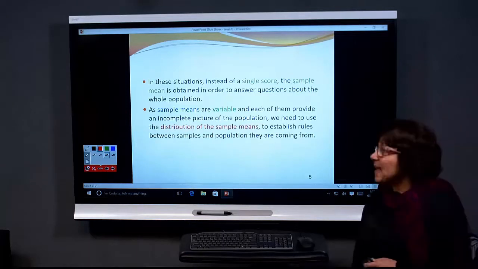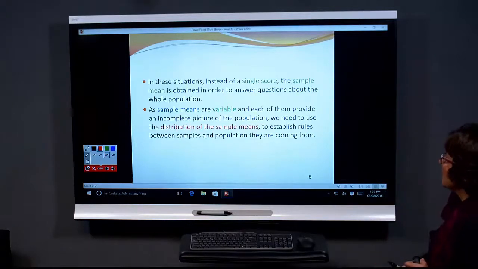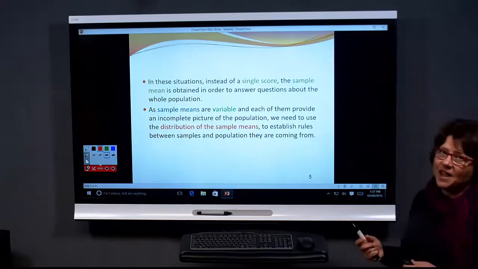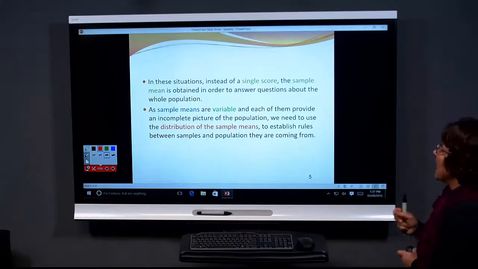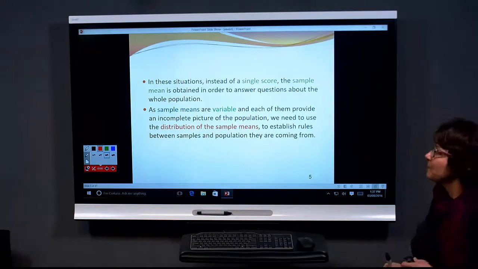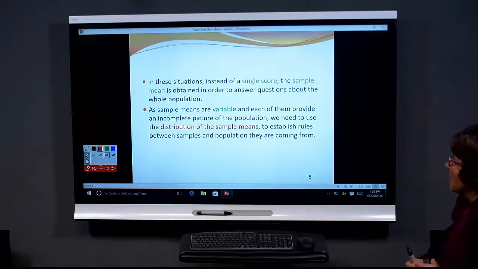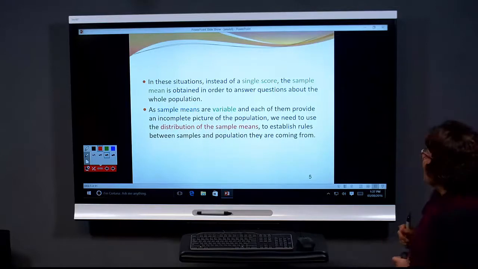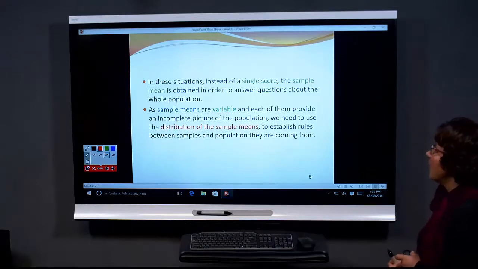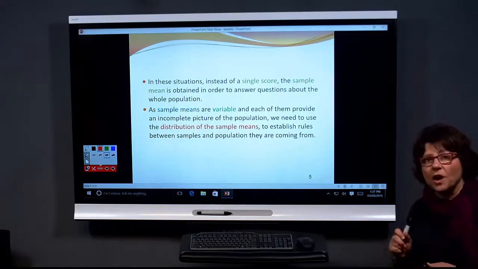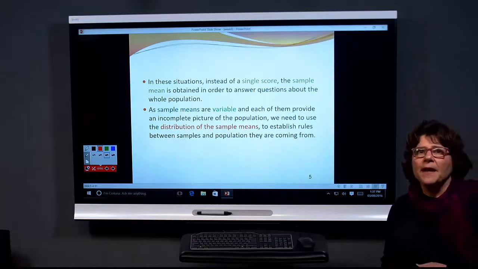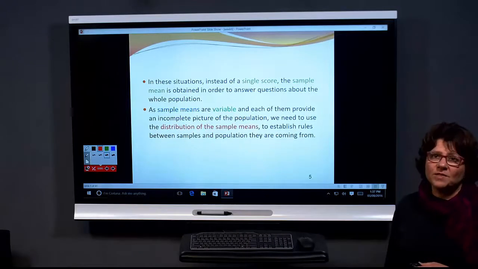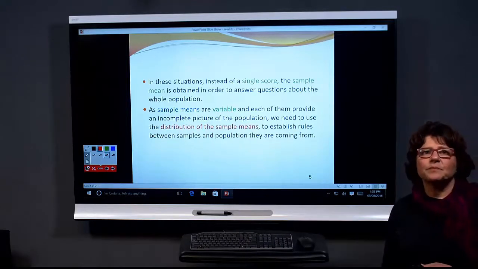So in these situations, instead of a single score, here we have a sample mean. All right? As sample means are variables, and each of them provides an incomplete picture of the population, now we have to use the distribution of sample means here.